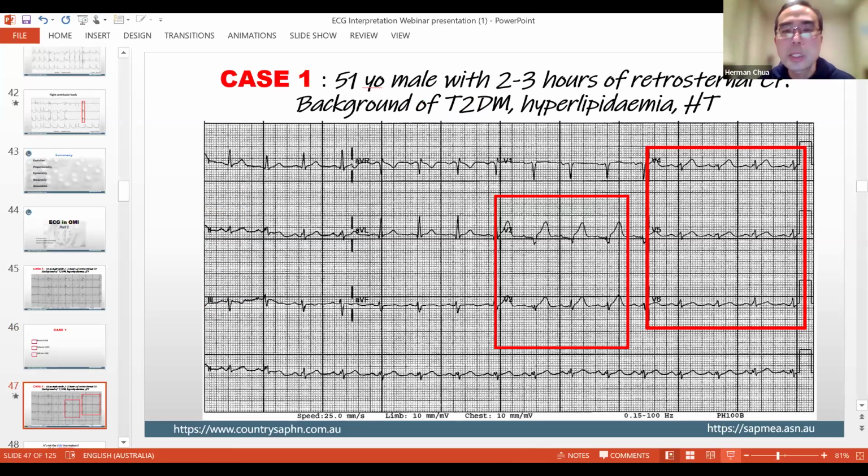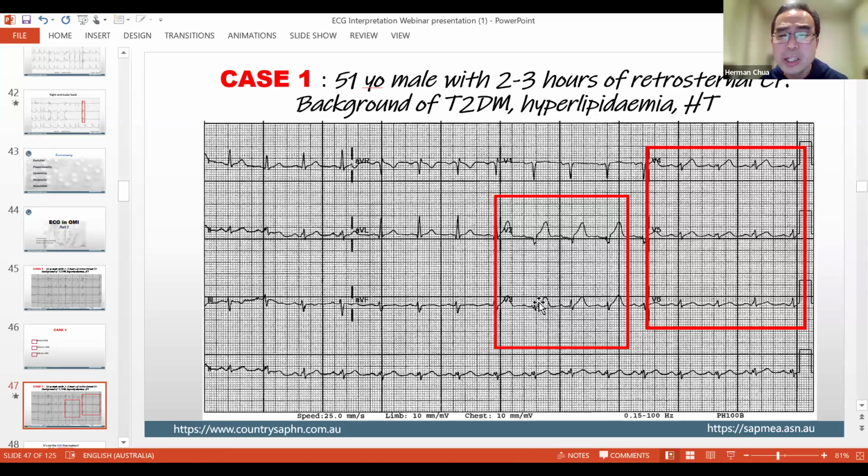What you actually see are these hyperacute T waves, right? Hyperacute T waves in leads V2, V3, V4, and V5. And they're hyperacute because they're bigger in proportion compared with the QRS.